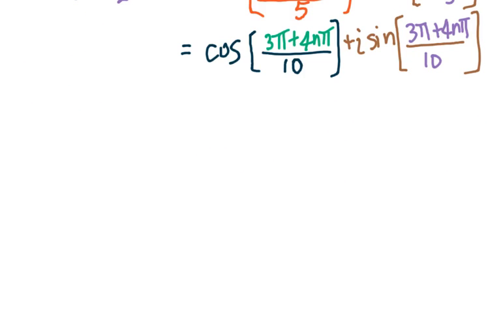Now we will make n equal different integers from 0 to 4. Then we can work out 5 solutions to this problem.